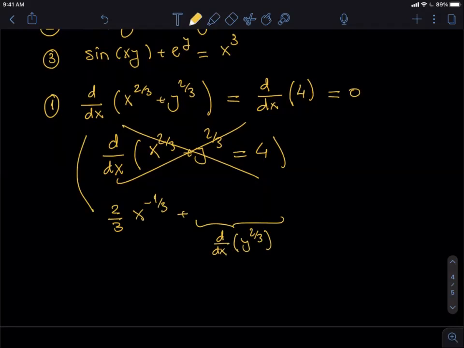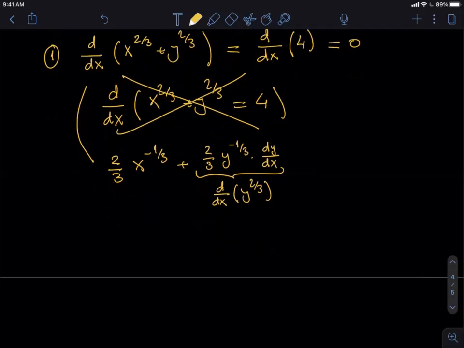Remember, this is the most difficult part for most students: y is a function of x, defined implicitly. So you have to treat it as a function, not a variable. So this will be 2/3 of y to the negative 1/3, and then multiply by the derivative of y with respect to x.